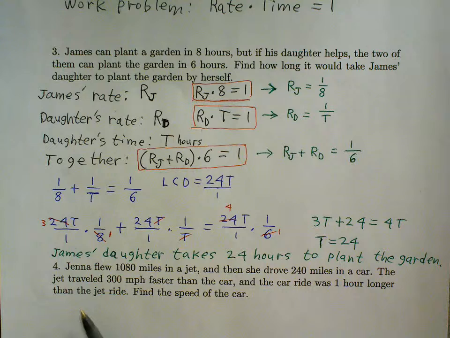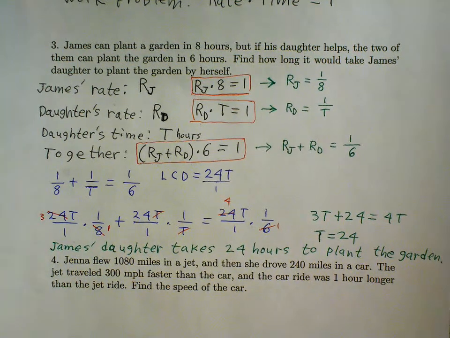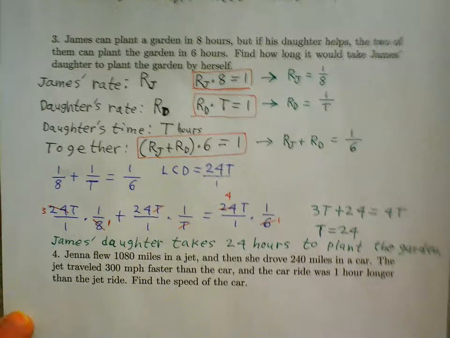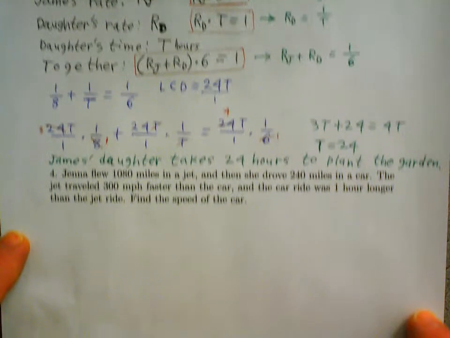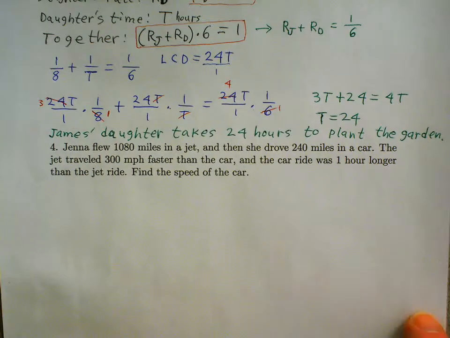The jet traveled 300 miles per hour faster than the car, and the car ride was 1 hour longer than the jet ride. Find the speed of the car.